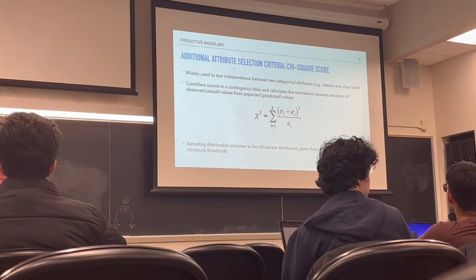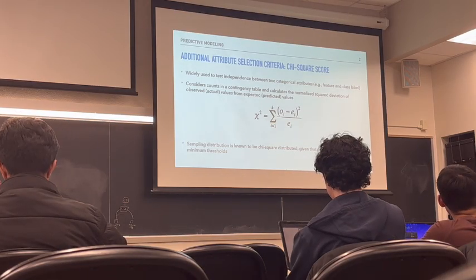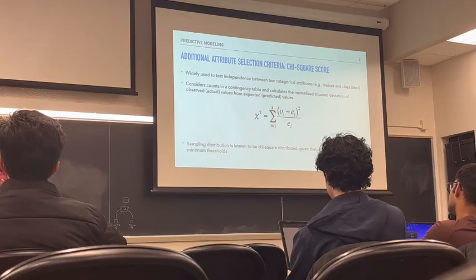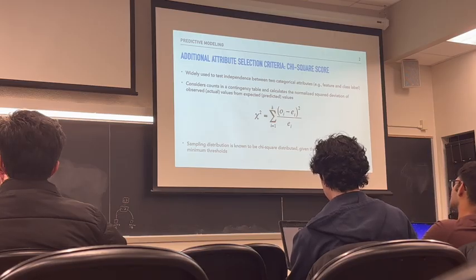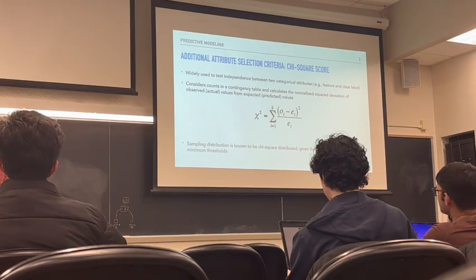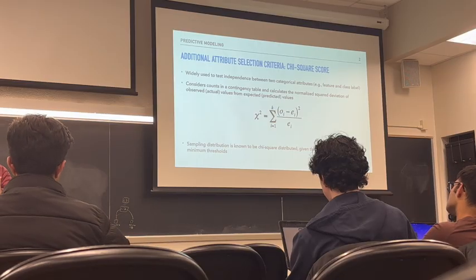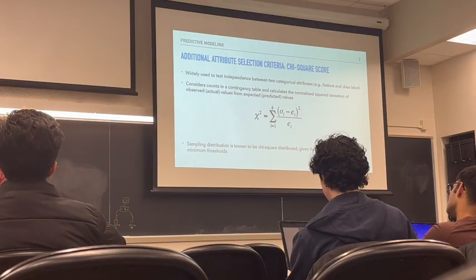Is it a way to check how each feature is increasing or decreasing the probability of success? Yeah, it's trying to check whether, so that's what independence means. Given a feature and a y variable, are the two related?